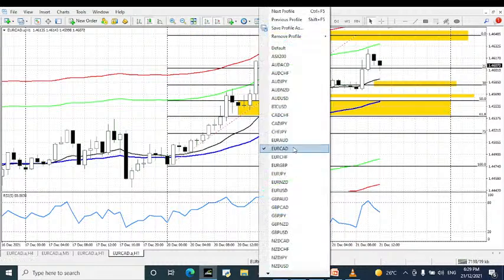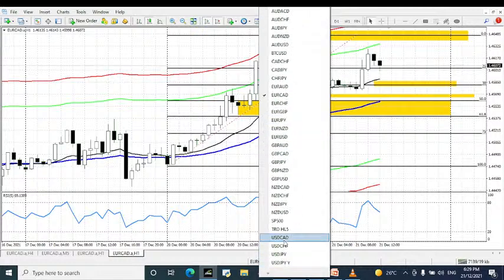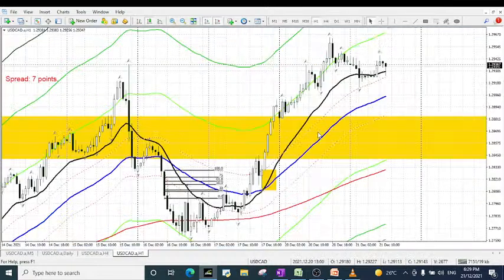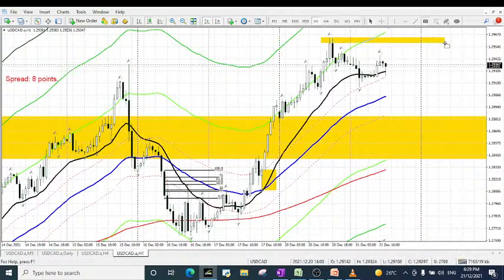USDCAD is another pair that I'm really looking at. I have a strong bullish bias on this pair also. So pushed up, same scenario as the previous pair. I'm targeting here. I think there is a strong possibility that by the end of the trading day, we're gonna hit this high.